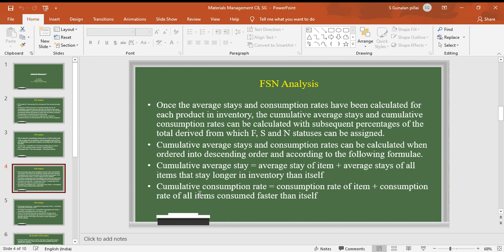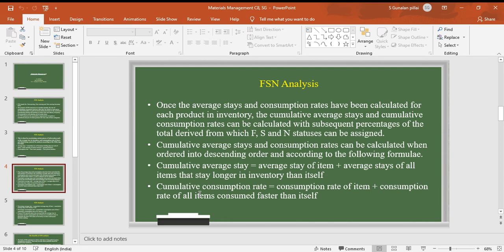So the average stay of a particular product, how many days it has stayed there, plus the average stay of all items that stay longer in inventory than itself. We can easily understand the cumulative average stay once the formulas are accepted by yourself.